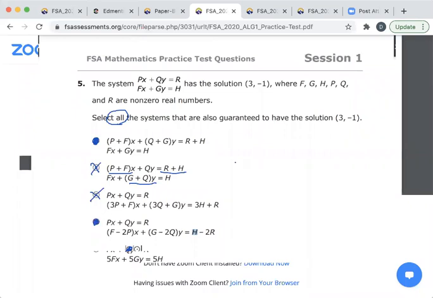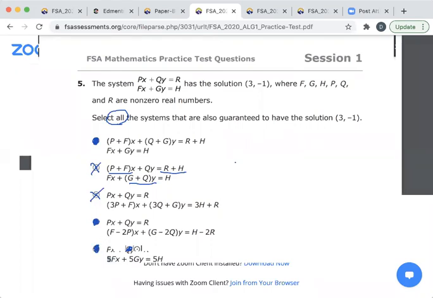And for E, the Px plus Qy equals R is the same as the top one. And down below, they multiplied every term by 5. So 5fx plus 5gy equals 5h. So that is consistent. They multiplied 5 by everything. So E would also be an answer.